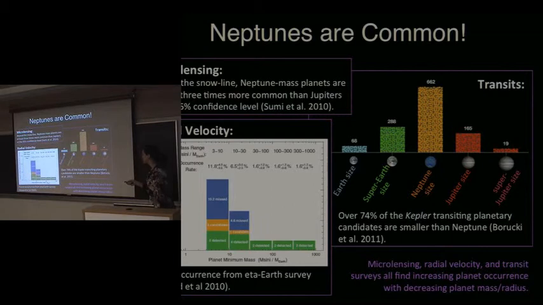So from radial velocity surveys, for instance, this HARPS survey estimates an occurrence rate of about 12% for planets in the mass range between 3 and 10 Earth masses on orbital periods less than 50 days.